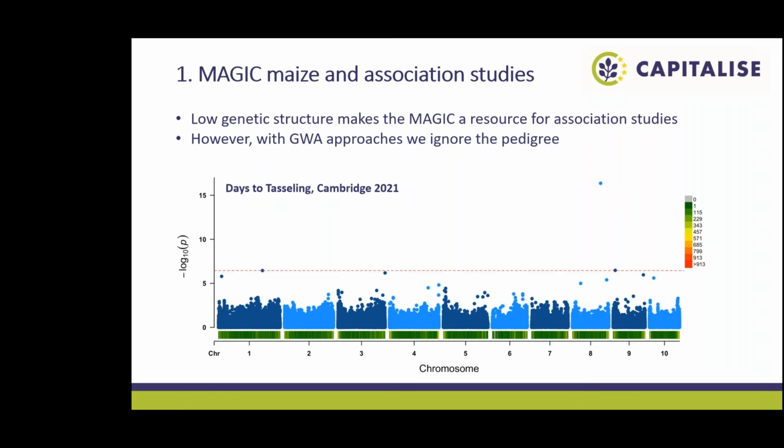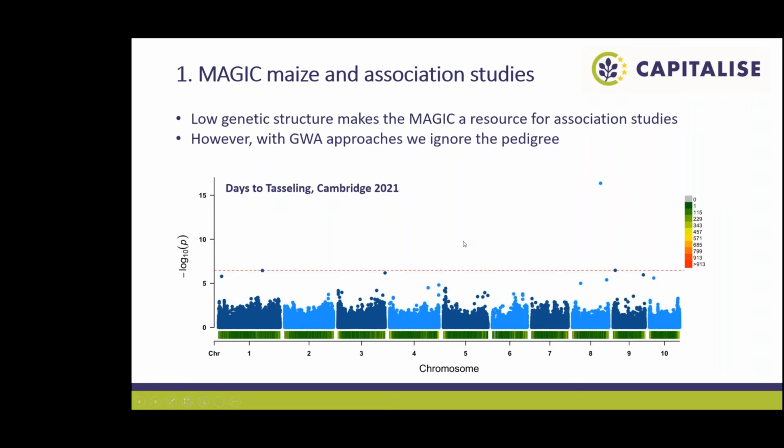So here I'm showing you a Manhattan plot, for those who are not familiar with this kind of representation. Here we see all the chromosomes. We see all the SNP markers we are testing with our linear regression model or mixed linear model, general linear model, whatsoever. So the idea is that you're testing the phenotype versus the variation of the molecular information. And here a signal pops up, meaning that on chromosome 8 at this physical position, we have a significant signal.